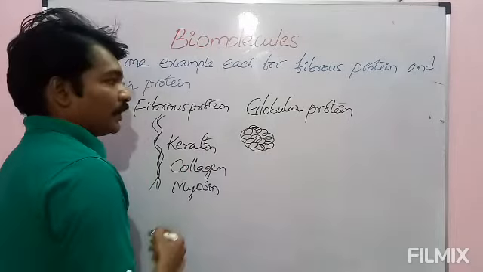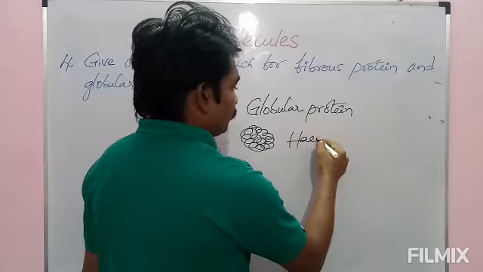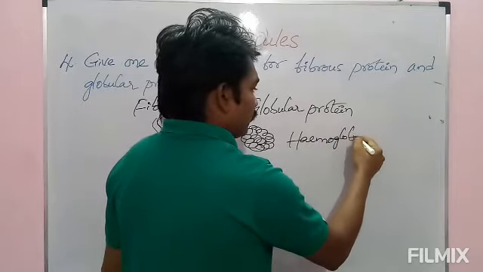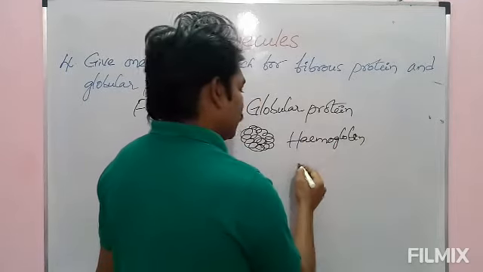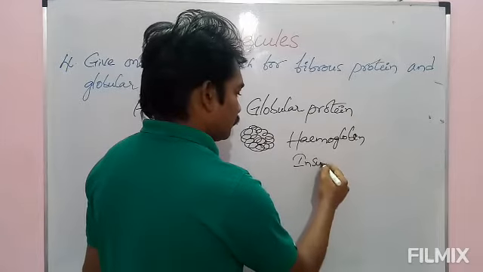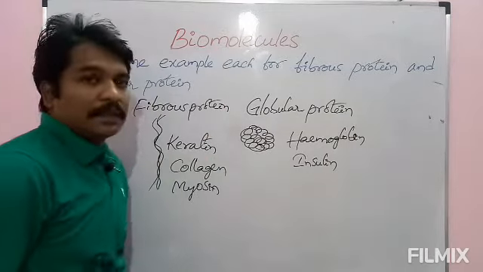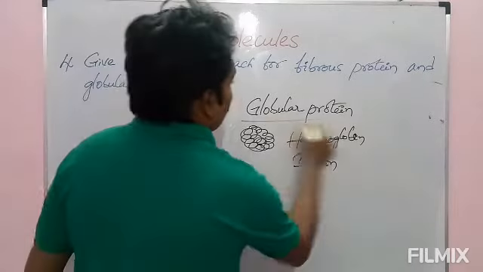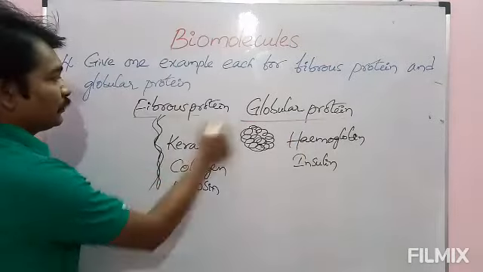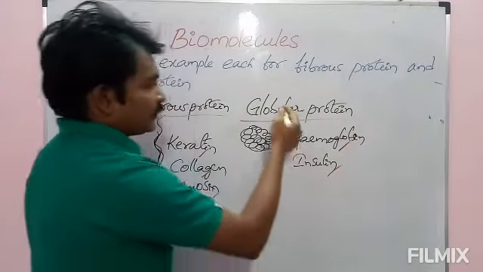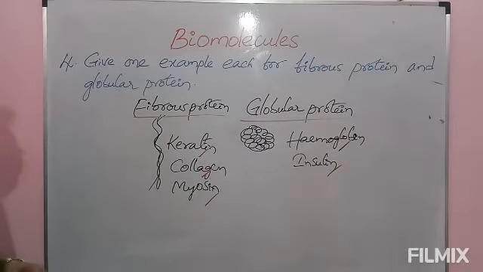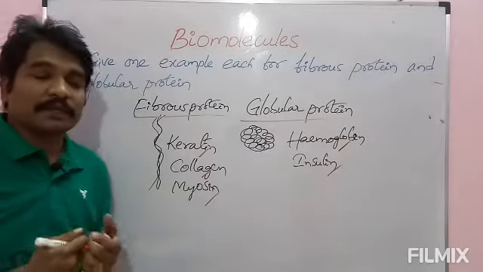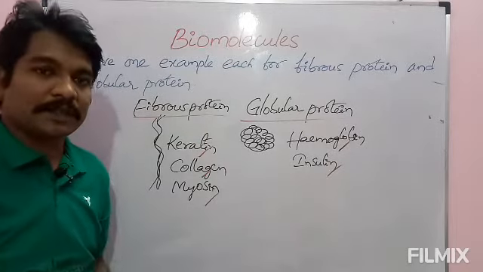For globular protein, you can take hemoglobin and insulin. Insulin and hemoglobin are globular proteins. In case of fibrous protein, they are fibrous-like structures: keratin, collagen, myosin. Please note down. They are asking one, but better to learn two or three. If you forget any one, you can write another one.